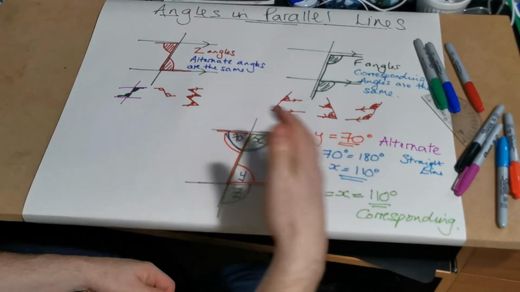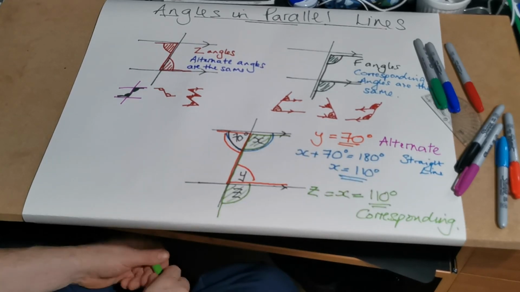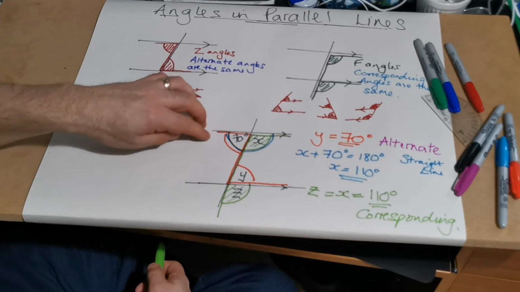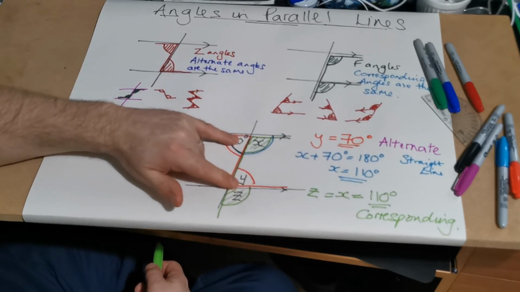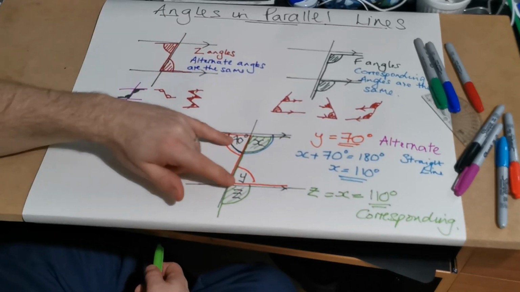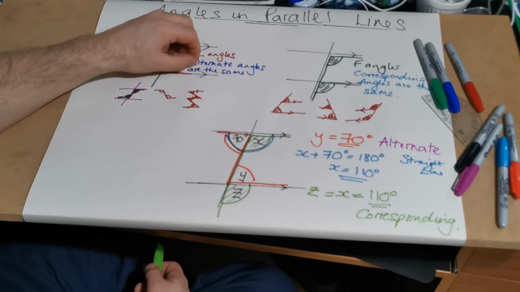And then when you come to looking at a problem, I actually felt it was quite a good idea for me to draw that quite big, because I could see then that once I'd drawn my Z shape on, my Y and Z were going to be the same. My Y and 70 were going to be the same, because they are alternate sides of that line.